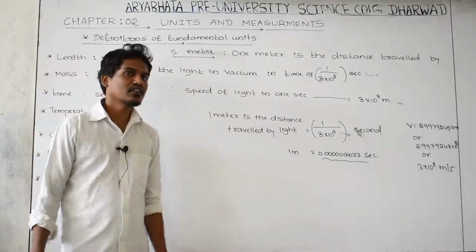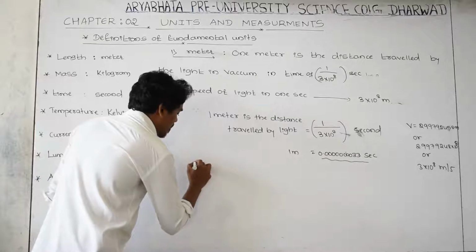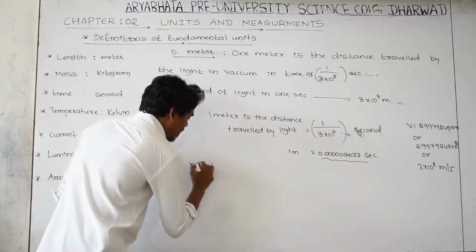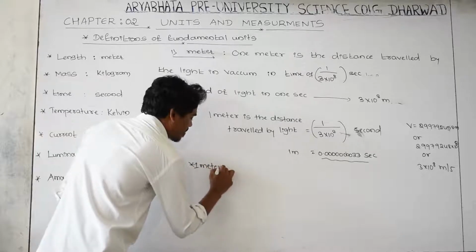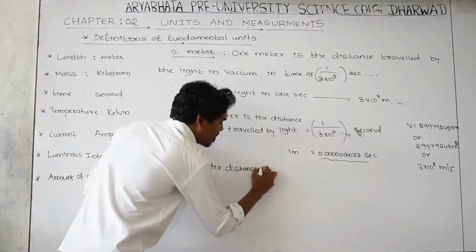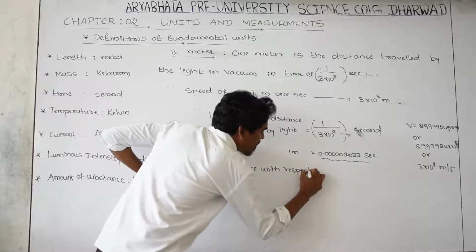That is 1 meter. Why are we taking length? Why are we taking a meter distance with respect to the speed of light?